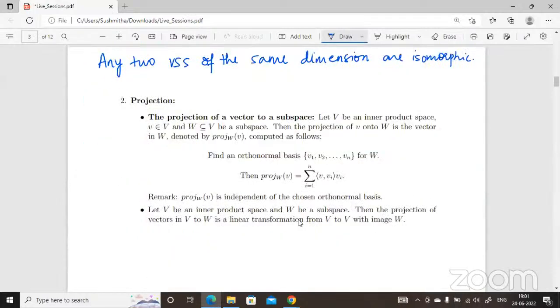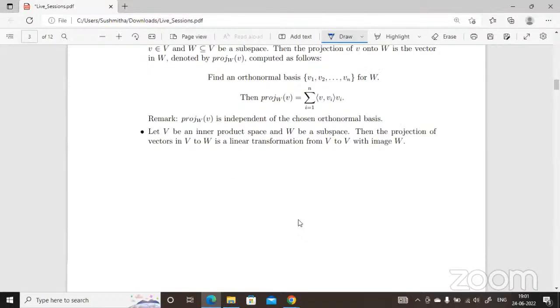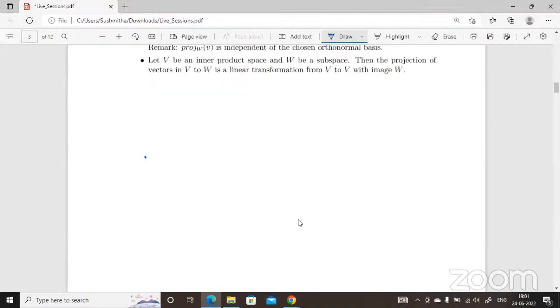Next is the concept of projection. What is projection? Suppose I have two vectors. If I want to project one vector on the other, what am I actually doing? Suppose this is O, this is A, this is B. Suppose this is the A vector and this is the B vector.